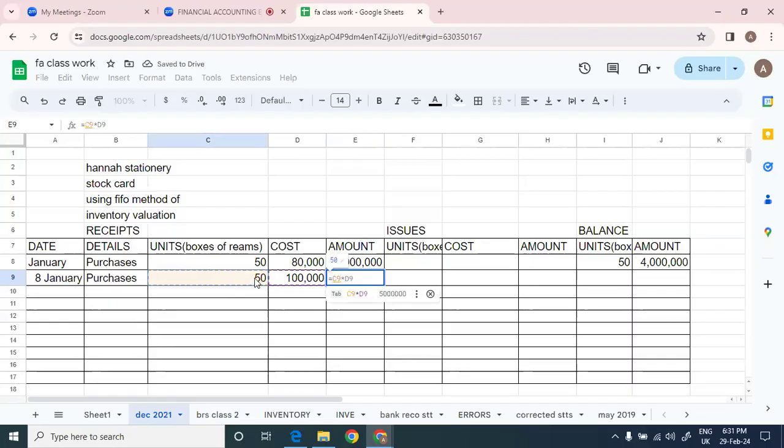This times this, we get 5 million. We come to the balances. Since we had 50, we add our 50, we get 100 boxes of reams. Since we had 4 million and we are adding 5, our balance is 9 million. Are we at par?